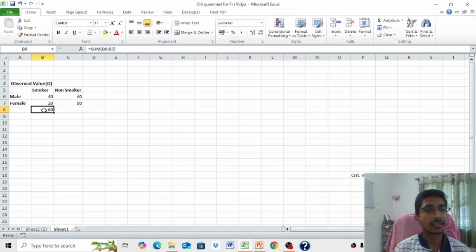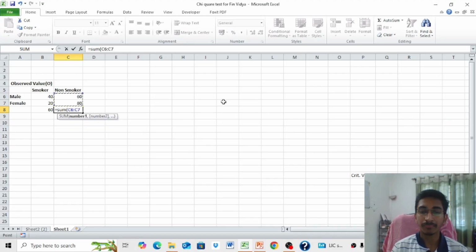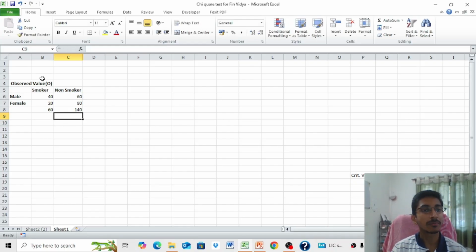This is actually the sum of the column. Equal to sum, bracket open, select the row cells, bracket close, enter, correct? So this is the sum of columns, and now we calculate the sum of rows.